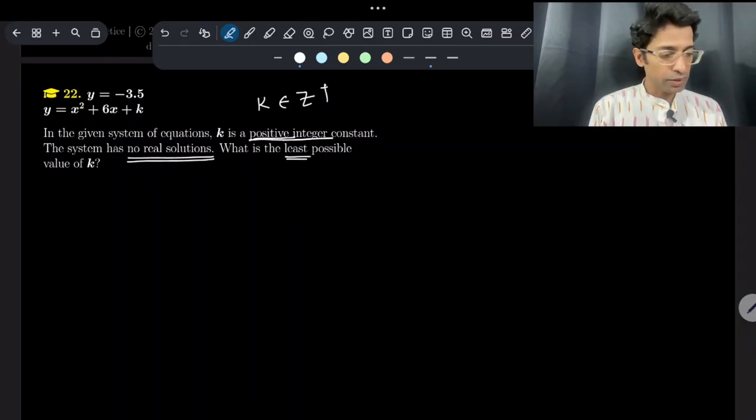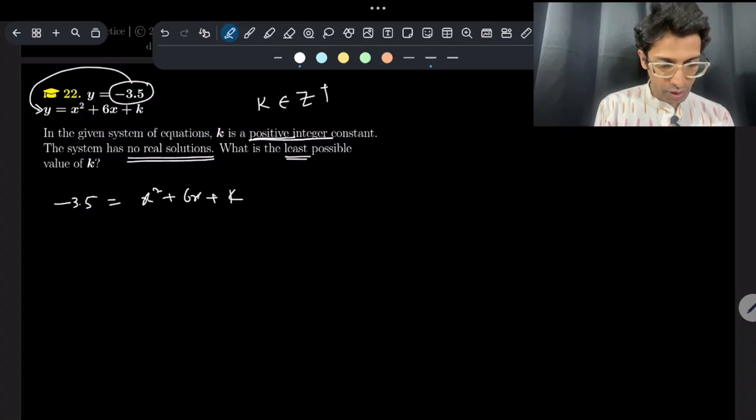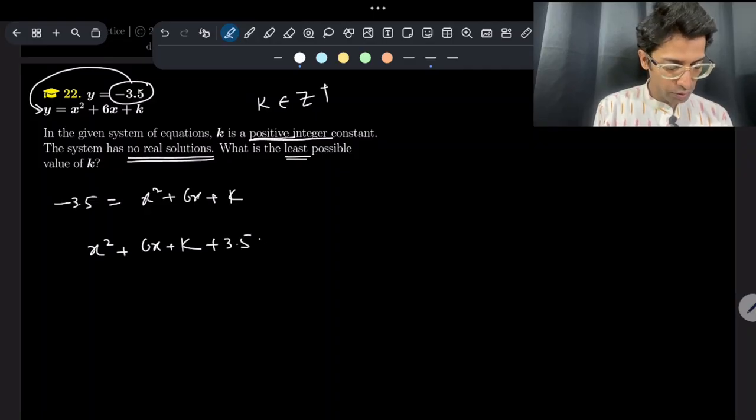So first let me do it the algebraic way and see how much time it's taking for me. Substituting y equal to minus 3.5, minus 3.5 is equal to x square plus 6x plus k, so x square plus 6x plus k plus 3.5 equal to 0. It has no real solutions, so the discriminant should be less than 0.